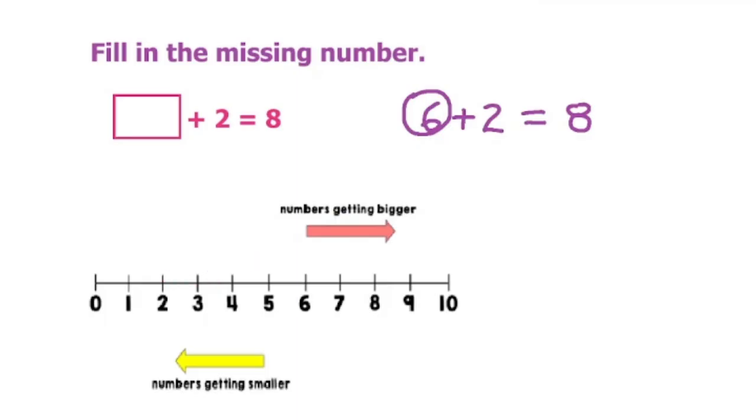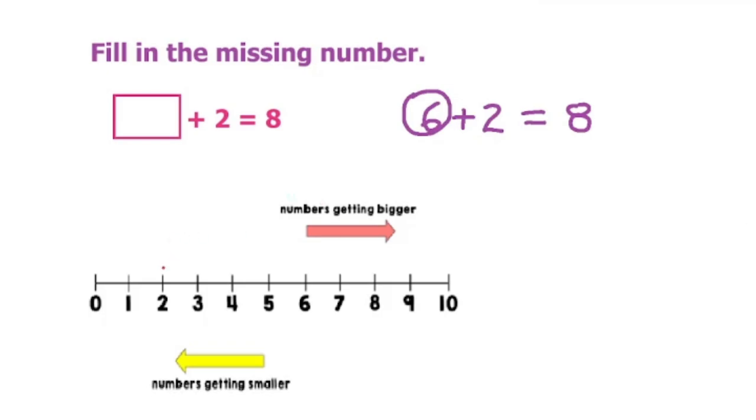So what you would have to do here is picture yourself at 2 and then add until you reach the answer, which is 8. So let's picture ourselves at 2 and move along, jumping along until we reach the number that we need.